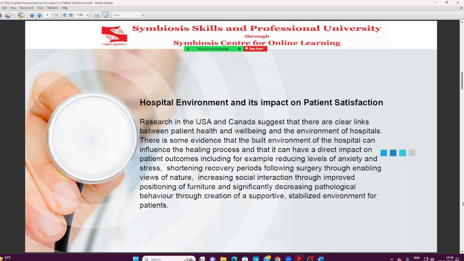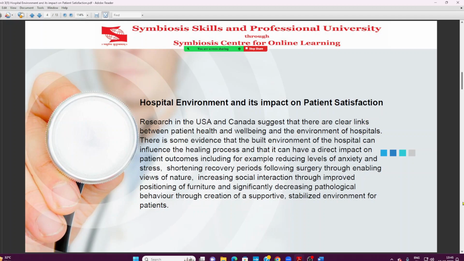This environment has a very positive effect if it is maintained properly, and a negative impact if it is not maintained. If everything is shabby, if everything is messy, things are not being followed, no discipline is there. Discipline is also part of the environment, right? This is what we have seen.